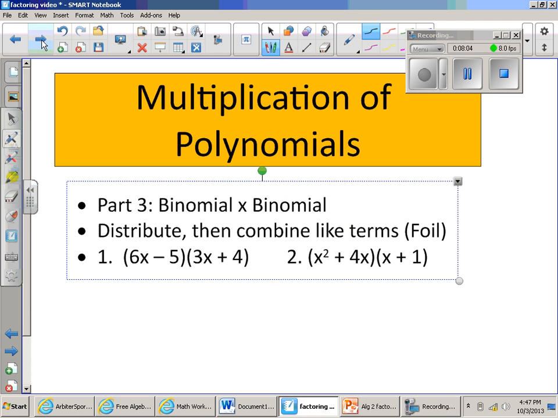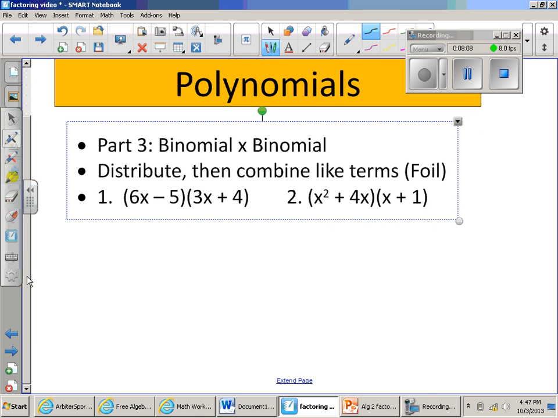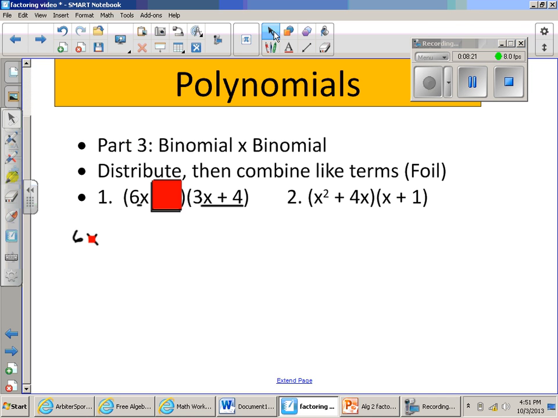Now let's do binomial times binomial. We have to multiply both terms here by both terms here. So let's rewrite what we see here.